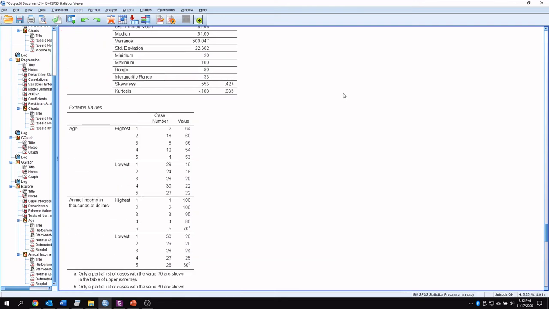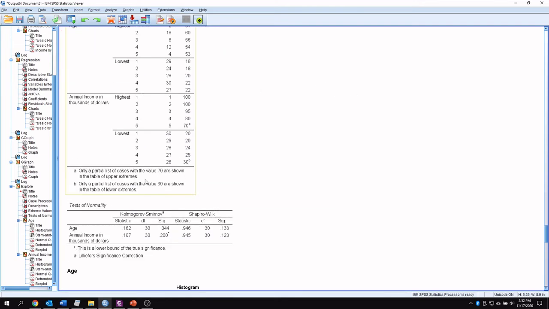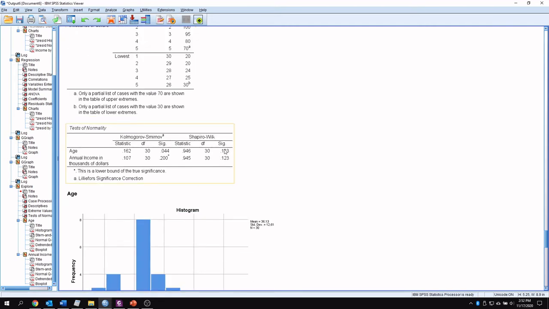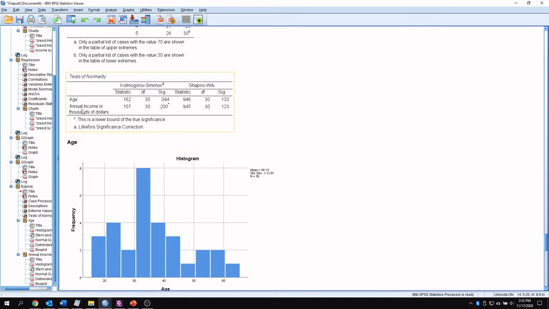And we are going to go down to this test of normality. We want these significance numbers to be above 0.05, and that is going to indicate a normal distribution. And we can see we are above 0.05 in both of the variables here.